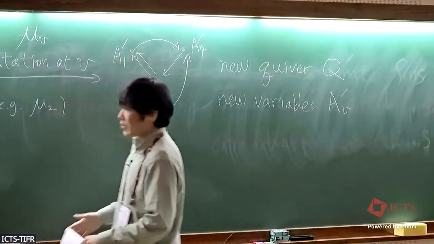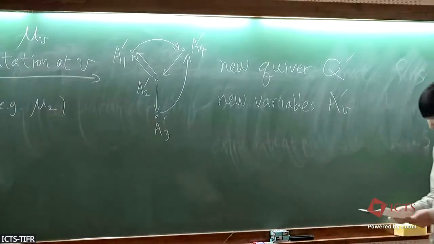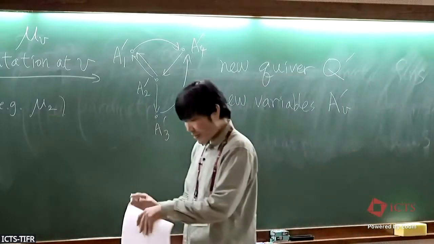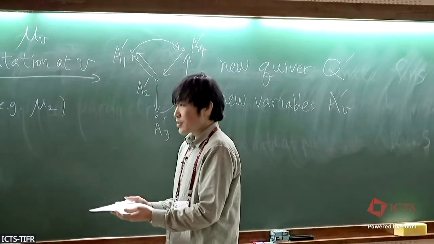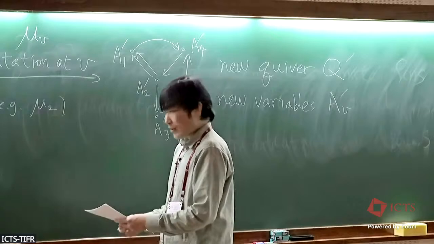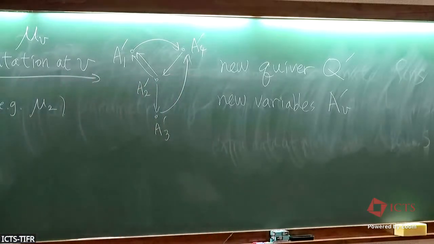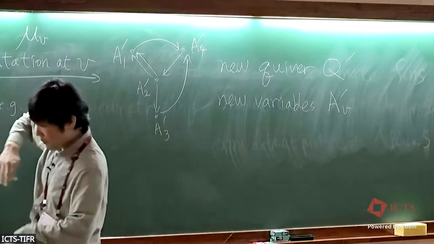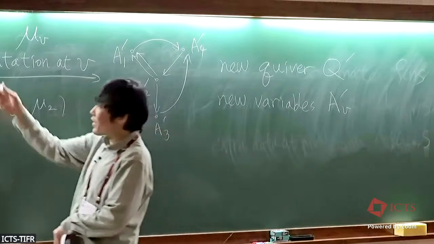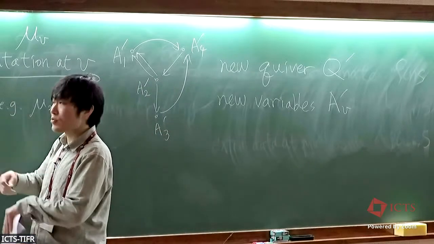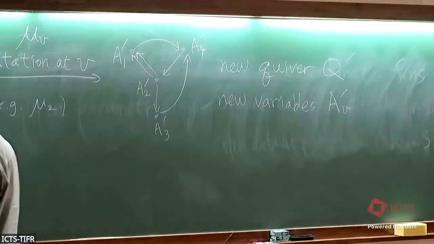So now I'm going to write down the formula of how to change this thing. To save time, I'm not going to give you a detailed description or reasoning. I'm just going to give you a formula. And to do that, first I want to write the quiver not by pictures, but in a convenient way of recording a quiver, just by reading the adjacency matrix, just to count the number of arrows between every pair of vertices.